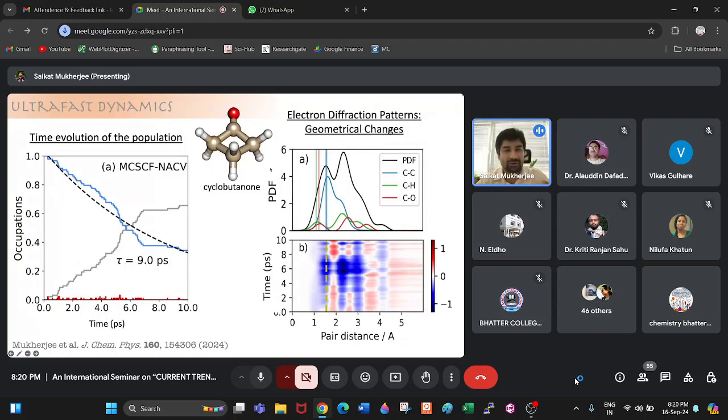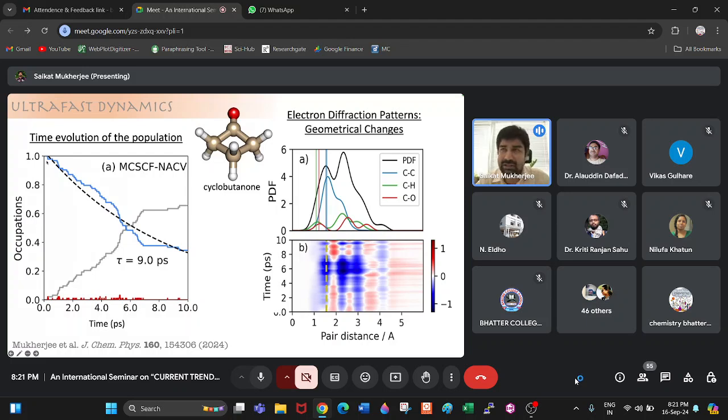Okay, so this slide is from that paper. This is the cyclobutanone. We track the time evolution of the population. You can see this is the population change as a function of time.